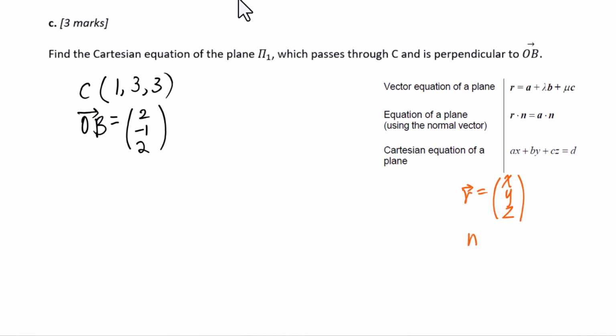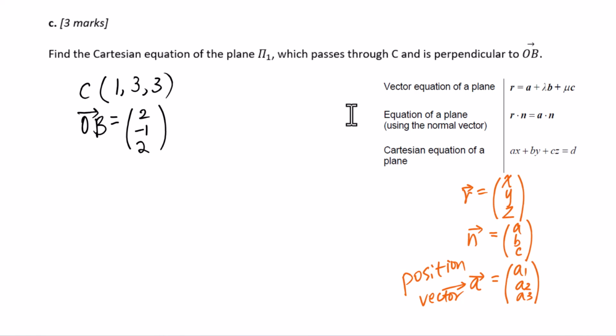This normal vector equals (a, b, c), and A is the position vector on plane pi. And this D equals vector A dot normal vector N. And vector R dot normal vector N equals ax plus by plus cz.